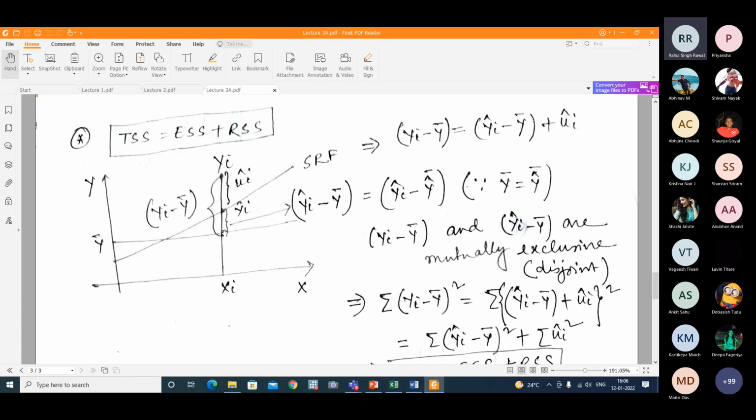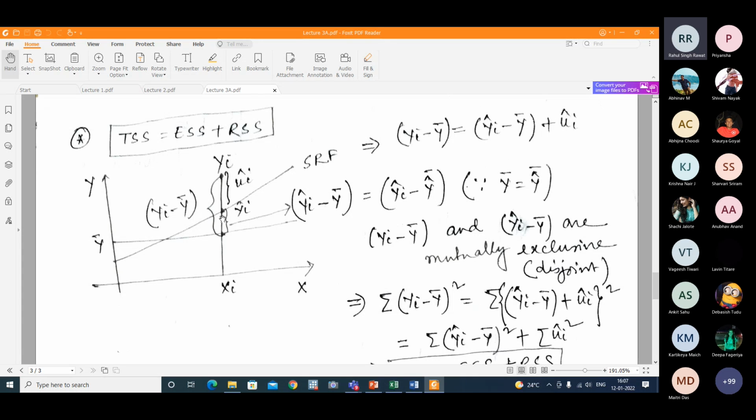Now, when I say variation or deviation, it is basically deviation from the arithmetic mean. So total variation of actual Yi, observed Yi from its arithmetic mean, this total vertical distance can be decomposed into two components. One component is the deviation from the sample regression function, meaning Yi deviating from the sample regression function, that is Y hat i.